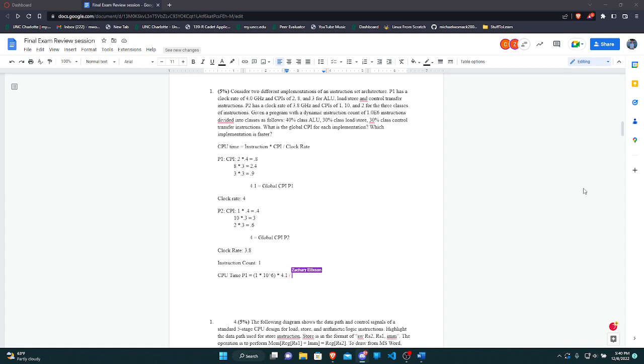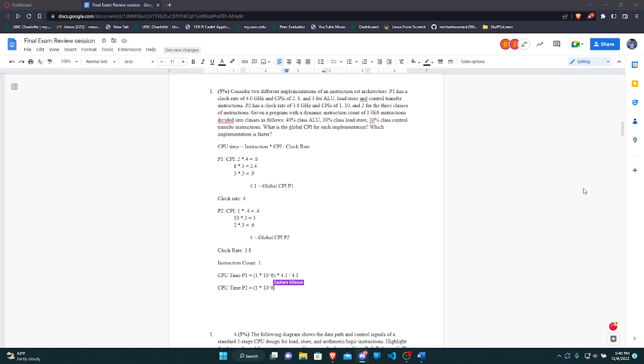Then we divide by the clock rate. And the CPU time of P2 equals 1 times 10 to the 6 times 4, which is our global CPI for P2, divided by our clock rate. Did I mess this up? This is 4, and this is 3.8.